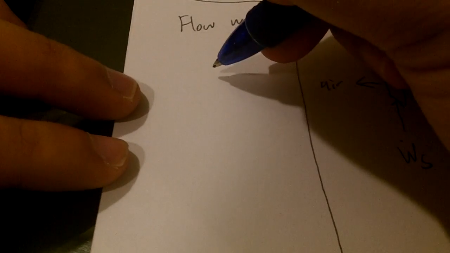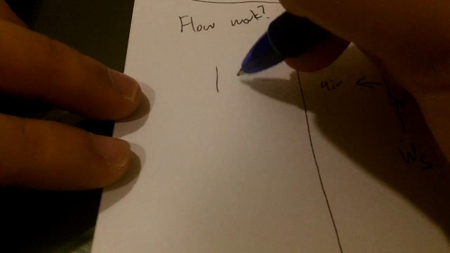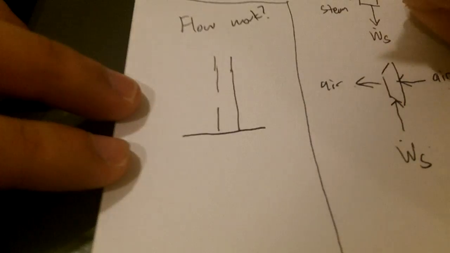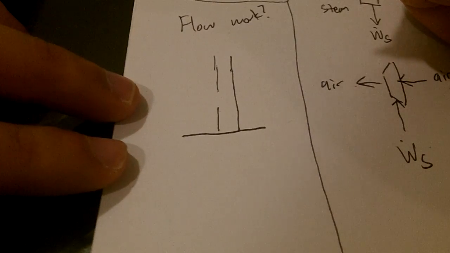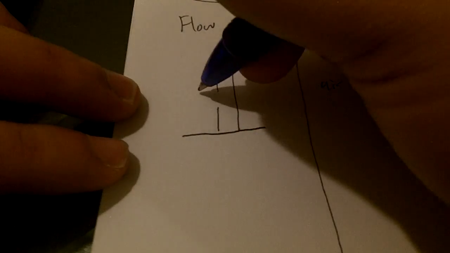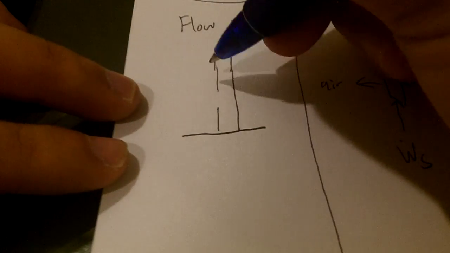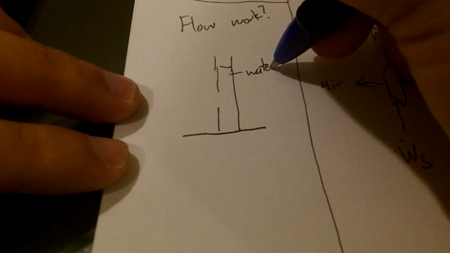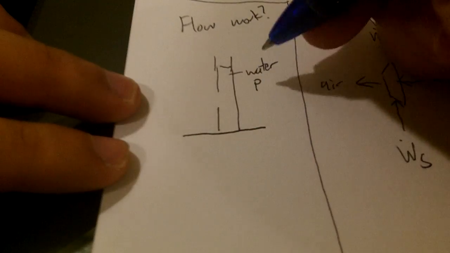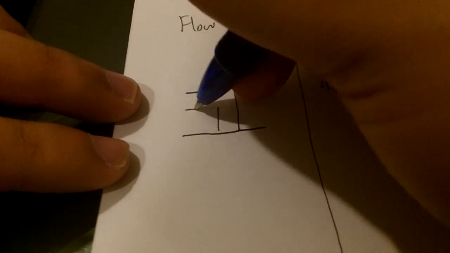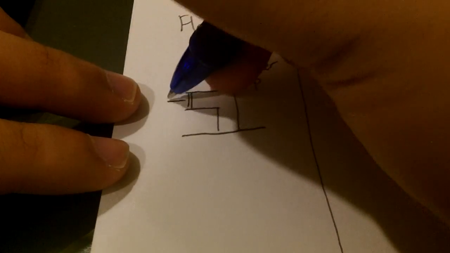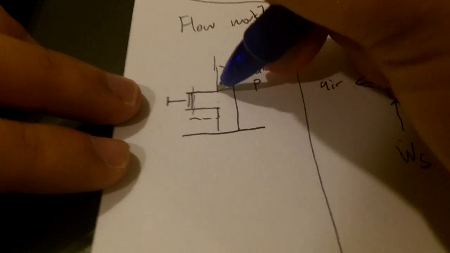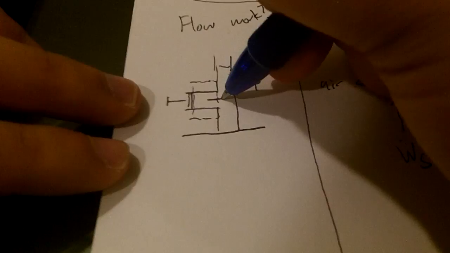Let's say, I hope this makes it easier, let's say you have a cylinder or a measuring cylinder of some sort, or tower or column of some sort. Let's say you have water in there, with a certain pressure P, and you want to get this amount of water into this cylinder.